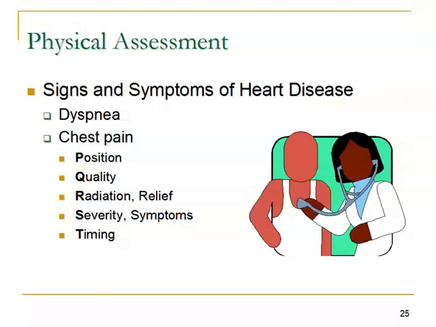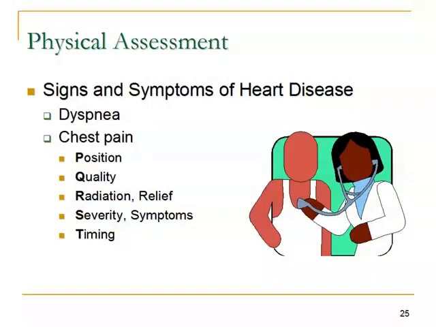Is it constant? Those types of things. Sometimes patients don't know if it's a heart problem that they're having or if it's an upper GI problem with GERD or different things like that that's causing it. And that's why we do labs and all the diagnostic tests to rule out and decide which particular problem the patient has.